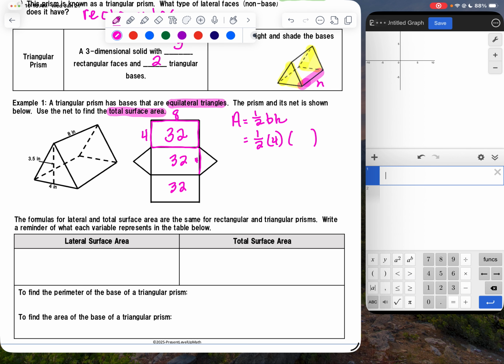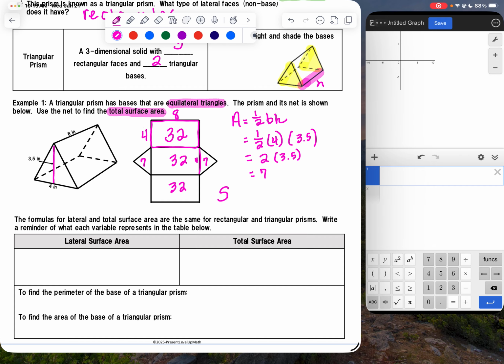And when it's asking for the height, it's asking for the height of the base, not the height of the prism. So we would use this number here as the height of the base, and that was 3.5. So 1/2 of 4 is 2, and 2 times 3.5 would be 7. So I know this region has an area of 7, and this region has an area of 7 square inches.